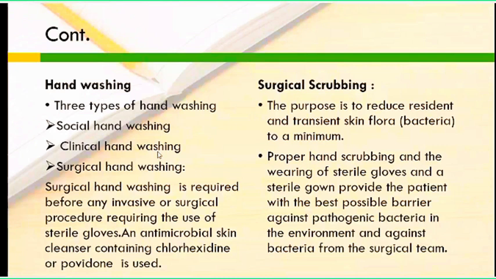An antimicrobial skin cleanser containing chlorhexidine or povidone is used. For surgical scrubbing, the purpose is to reduce resident and transient skin flora to a minimum. Proper hand scrubbing and wearing of sterile gloves as well as gown provide patients with the best possible surgical outcome.